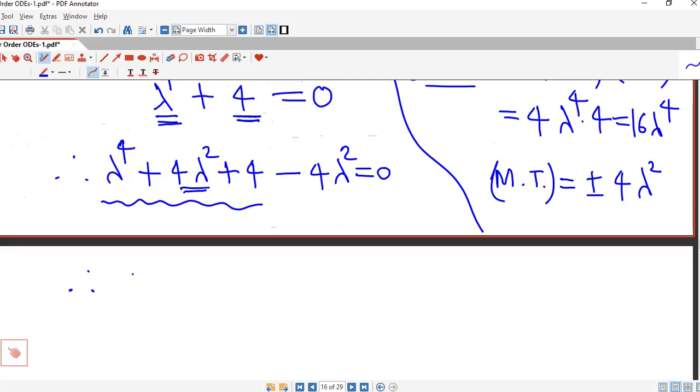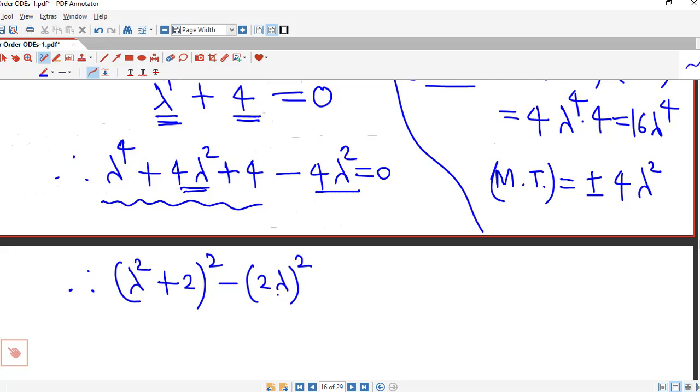Now if we observe, this is the square of lambda square plus 2. If you expand this, it is going to be lambda raised to 4 plus 2 into 2 lambda square, that is 4 lambda square, plus 4, and this we can rewrite as the square of 2 lambda.